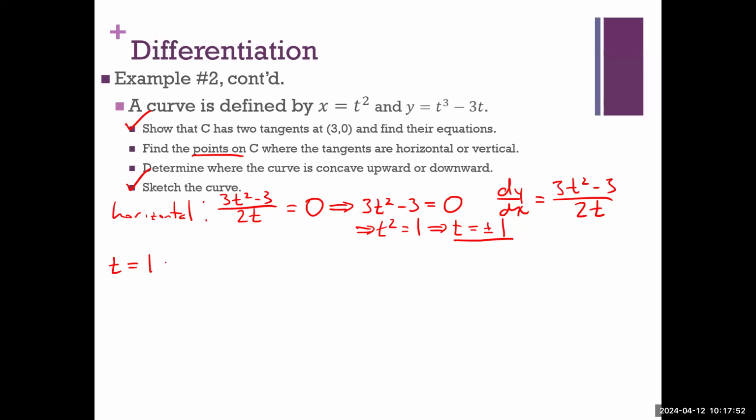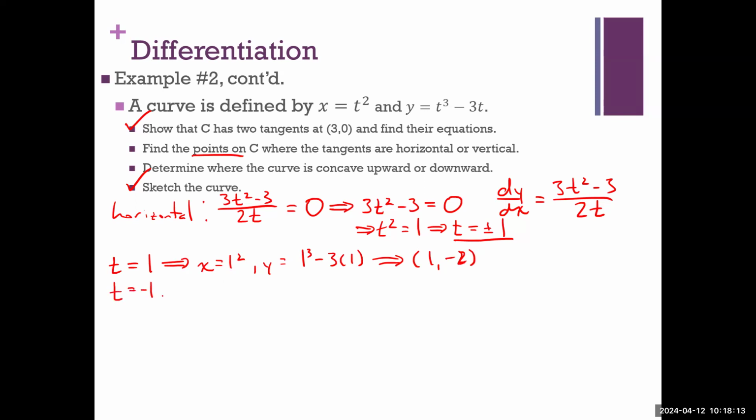So we have to plug into x and y to get both. When t equals 1, x equals 1 squared and y equals 1 cubed minus 3 times 1. So what is that point? That is (1, -2).